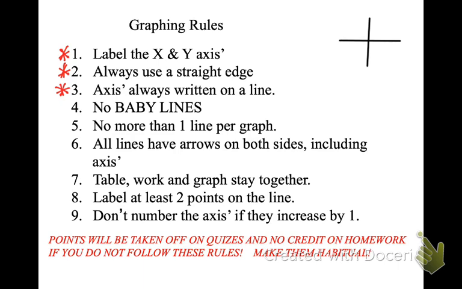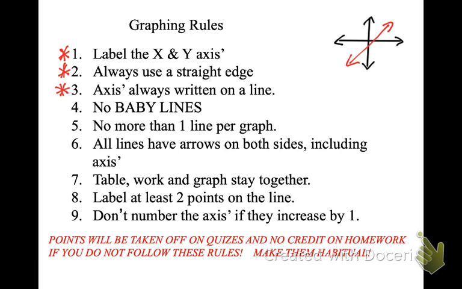This is a baby line. Not the graph, but this is your baby line. Do you understand? No baby lines? The line for the graph should be the size of the graph. Got it? That's what I mean by no baby lines. Is that clear? Yeah. What does it mean the axis always written on the line?